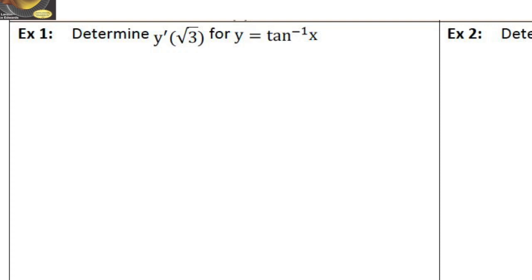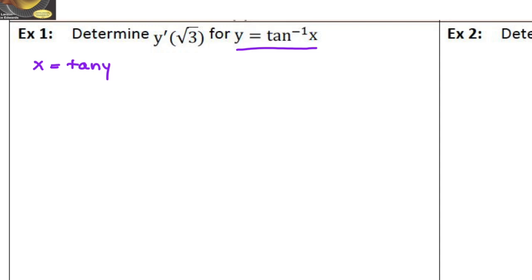For our first example, we're looking for y prime of the square root of 3. And what we do know is that y equals the inverse tangent of x. So what we'll do is rewrite the problem as x equals the tangent of y. And if x equals the tangent of y, we can use implicit differentiation to find the derivative.